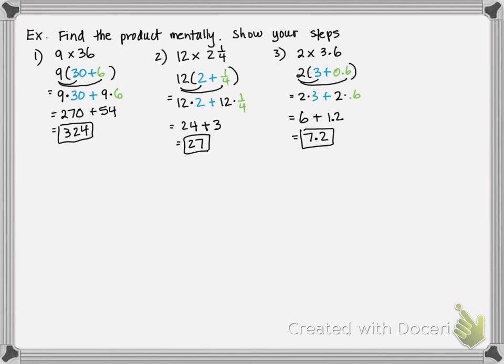Okay, so the next one is going to be a little frustrating because we won't actually be able to get down to a number. Anytime we involve variables, they tend to like to stick around.